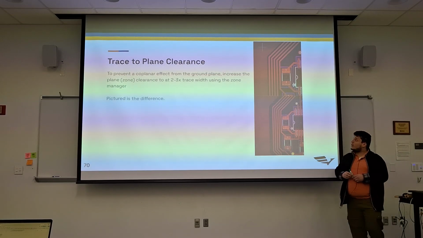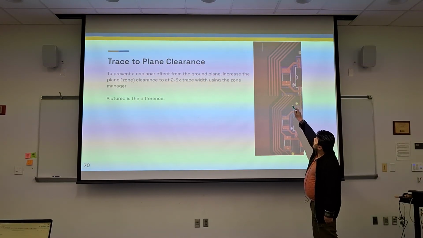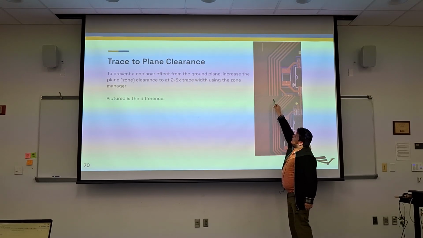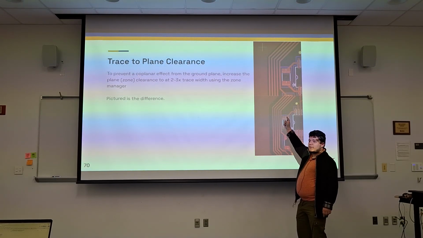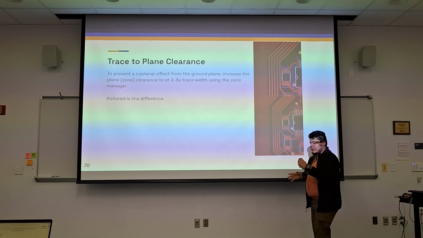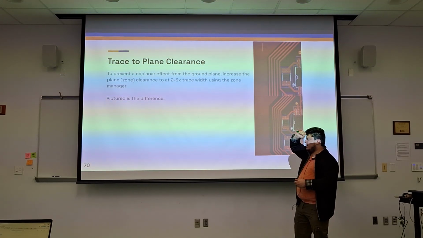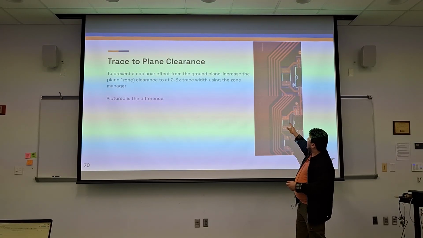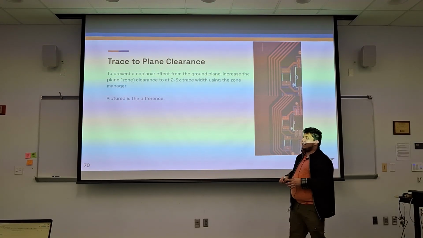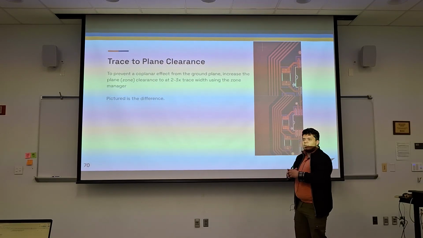And this is where I was talking about the trace to plane clearance. As we saw in the previous example, that plane is only 10 mils from the trace. Ideally we want a spacing of around 2 to 3 times the trace width. In this case my trace is 8 mils, so I need at least 24 mils clearance to avoid any coplanar effects, right?